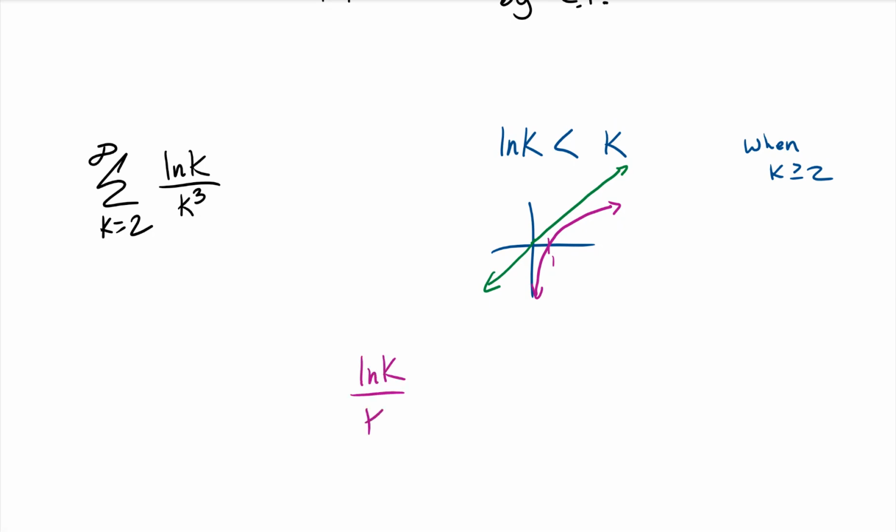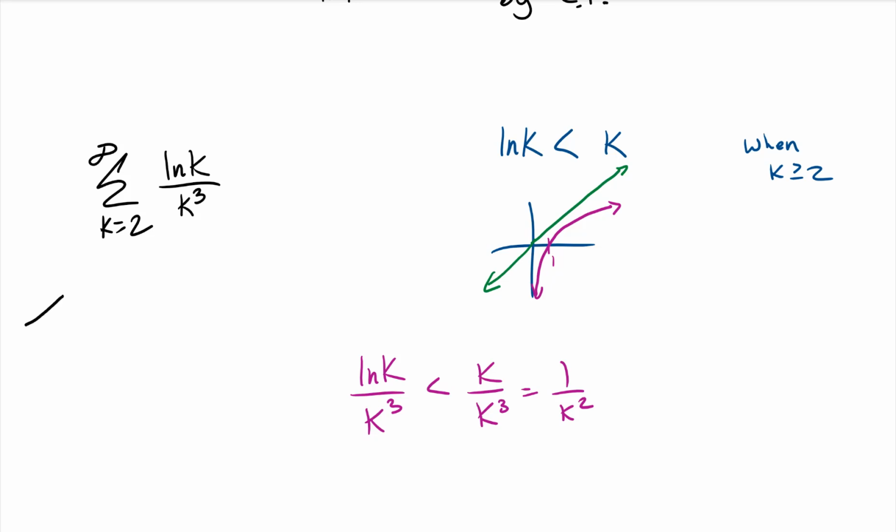Ln of k over k cubed is less than k over k cubed, which is just 1 over k squared. So we found something larger. It's larger than this. So if we can show that something larger converges, then the smaller one has to converge as well. This is logic.